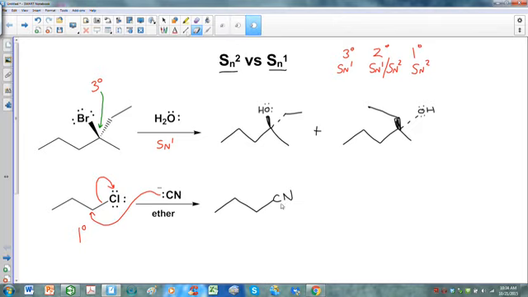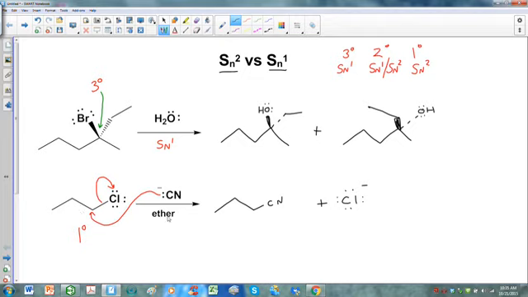Alright, actually, I should leave a little bit of a gap there. So you've got your 3 carbons, you have your nucleophile that's now added in, and then you have your leaving group, like so. It doesn't really matter whether you show this leaving group or not, as far as I'm concerned. The important product is this one. There is no stereochemistry to show here because there was none in the starting material.